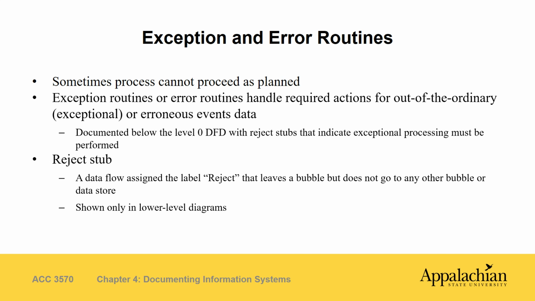It's shown only in lower level diagrams. So you're not going to see the error routine except as just an error routine documentation in a level 0 data flow diagram. To be able to see what the processes are when you have an exception or error, you have to go below that level 0 data flow diagram.